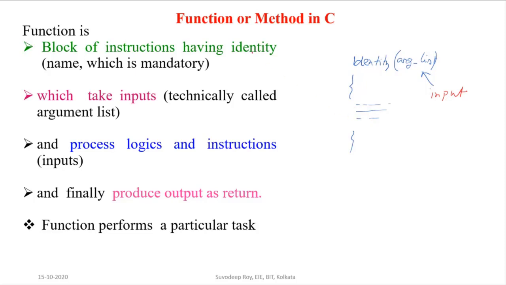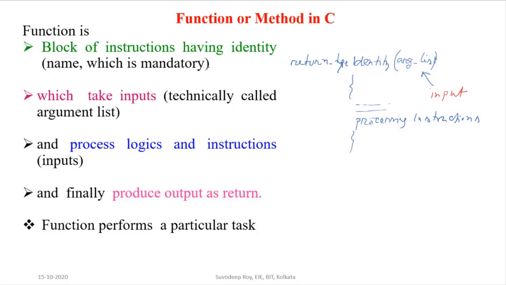So we may write here these are processing instructions. Functions are blocks of instructions having identity which take some input, process instructions and ultimately produce the output as return. What will be the type of that output? That will be identified at this position. This is the return type. So this is the way a function is written.